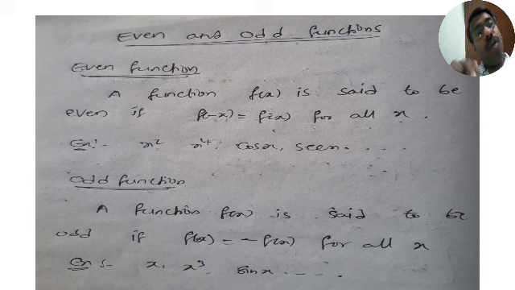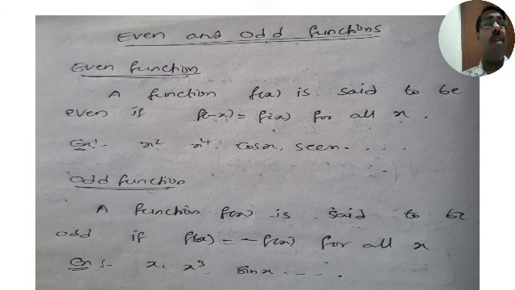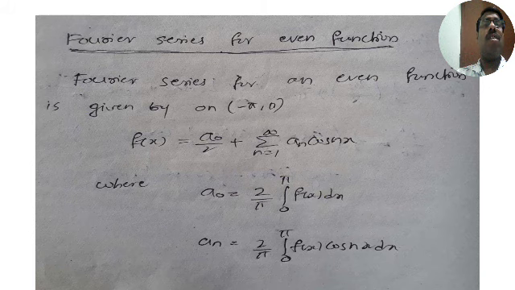Today in class we are going to learn how to find Fourier series for even and odd functions. So we defined even function with an example and odd function with an example. Now let us go to the Fourier series for even and odd functions.